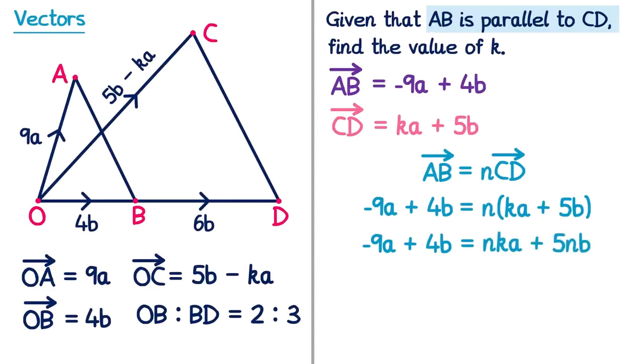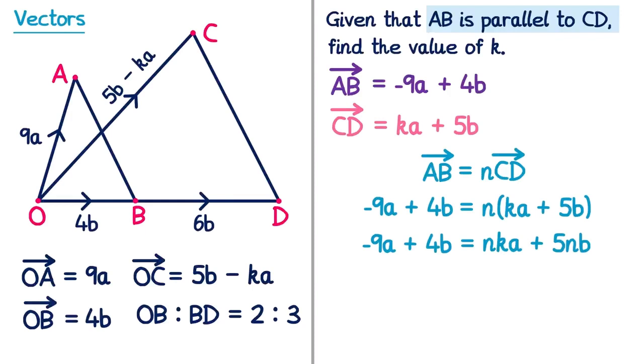Now at the moment this may look overly complicated, but remember that n and k are just some numbers that we need to find. What we're going to do now is use a technique called equating coefficients. Because these two vectors are equal to each other, we must have the same amount of a's on the left and on the right, and we must also have the same amount of b's on the left as on the right.